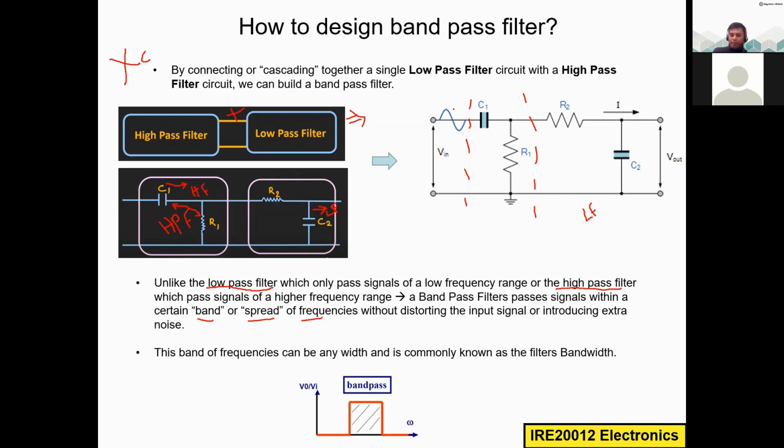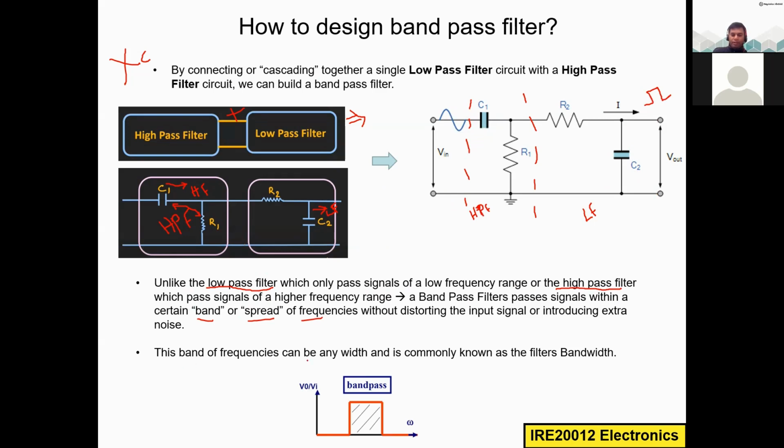So this is the high pass filter, or just HPF. This is blocking the low frequencies and this part is blocking the high frequencies. So we get a certain frequency range at the output of this filter.